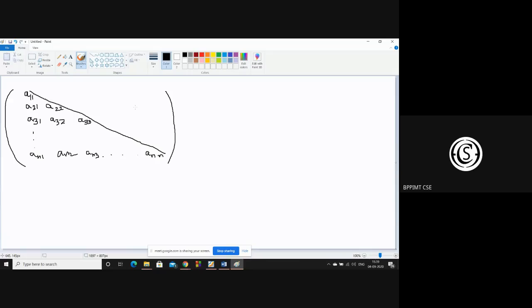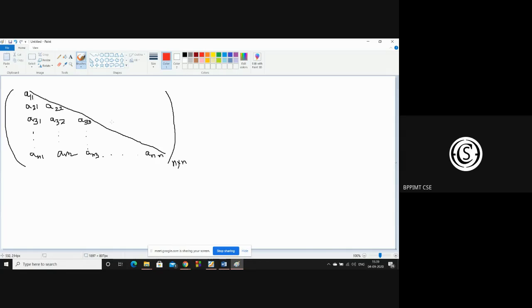And this is the lower triangular matrix. All the entries above the main diagonal, the principal diagonal, are set to 0. So this is the n by n square matrix, lower triangular matrix.